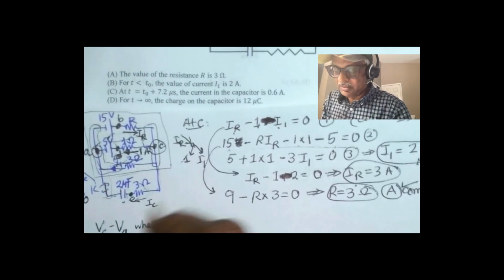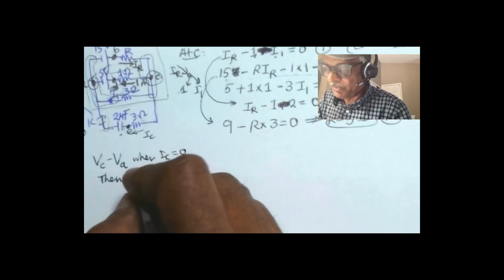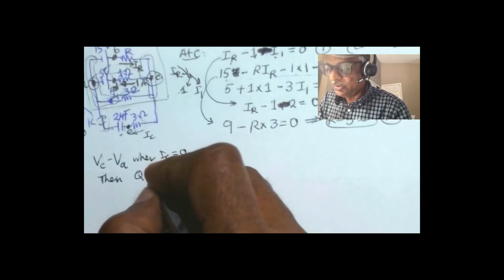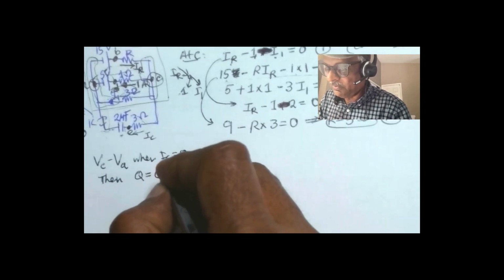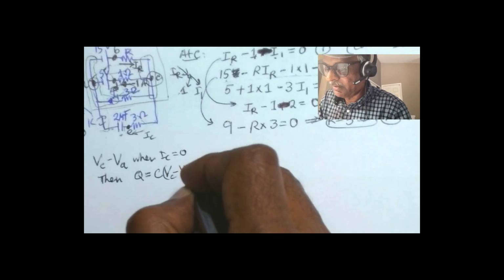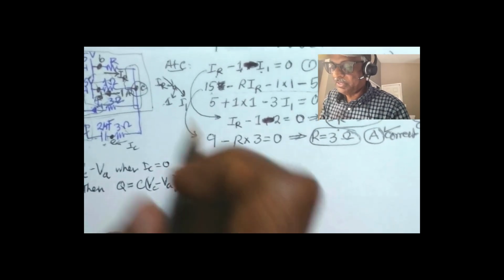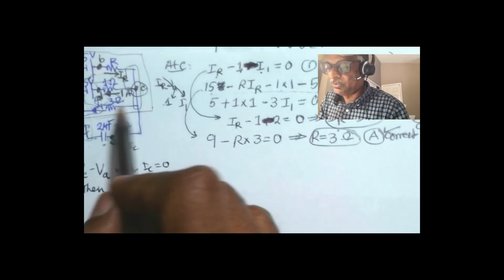Then at that point, you are going to have Q equal to C times VC minus VA.